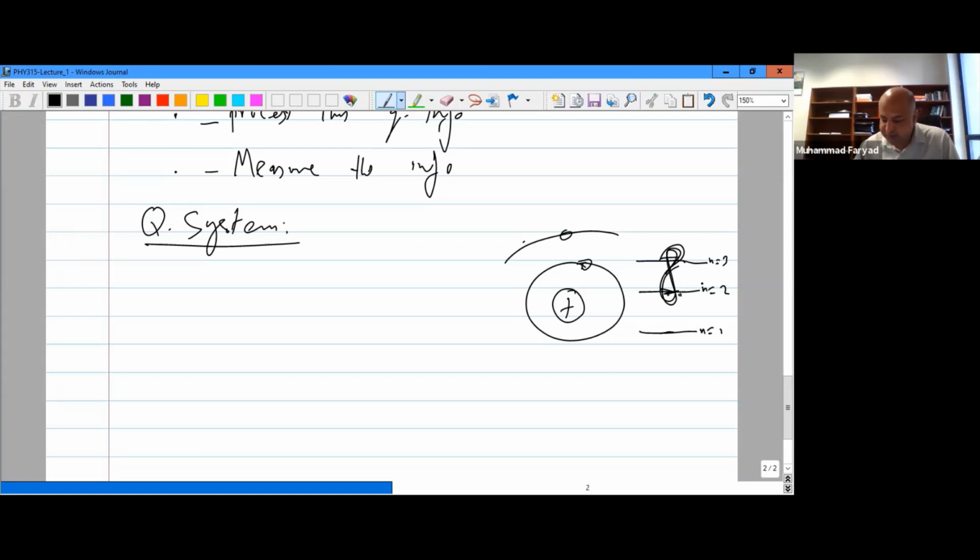So when we measure, it is going to be either here or maybe here, but the system exists in a state which is neither this nor that. So that superposition state is something which is not available when we talk about classical systems.